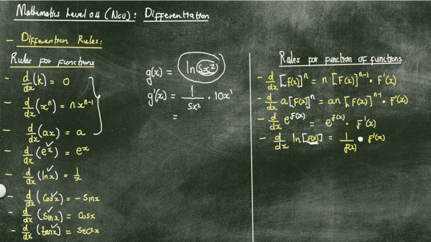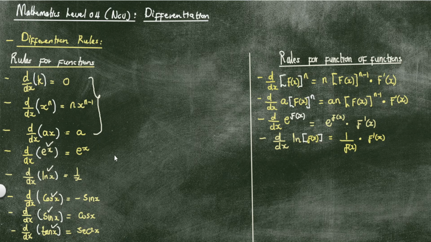Simplifying this, it's 10x raised to exponent 1 over 5x squared. 5 goes into 10 twice, so we are left with 2, and the x to the power 1 cancels with one x in x squared, so we are left with 2 over x. This is the final answer. All right.